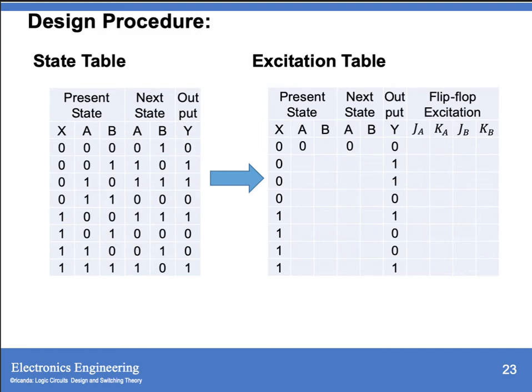So from 0 going to 0, that is 0x. Then for your B, it is 0, it goes to 1, so that is 1x at your JB, KB. Then next, we have 0 to 1, so that is 1x at your JA, KA. That is 1x.